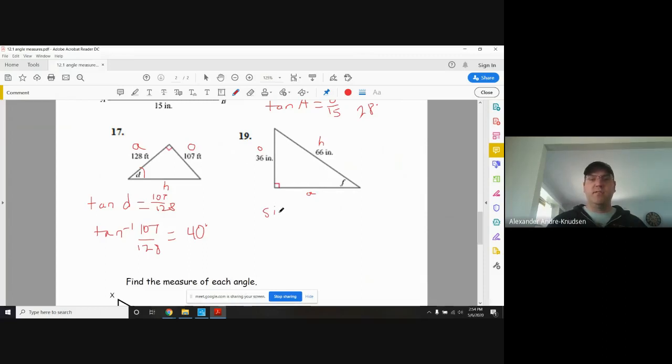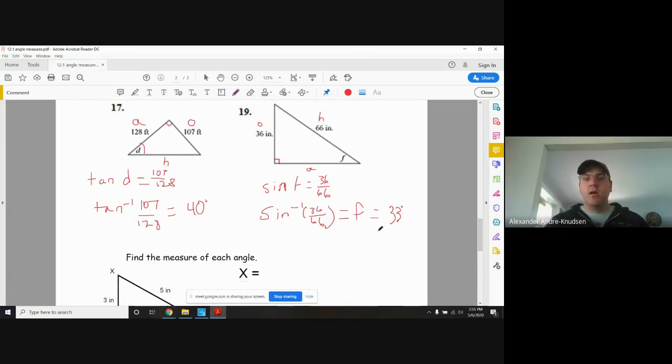So the sine of F equals 36 over 66. So the inverse sine of 36 over 66 equals F, which equals about 33. Or if you want to be more precise, we could use decimals.